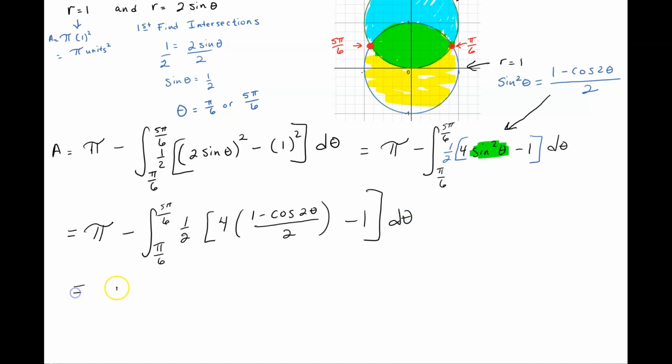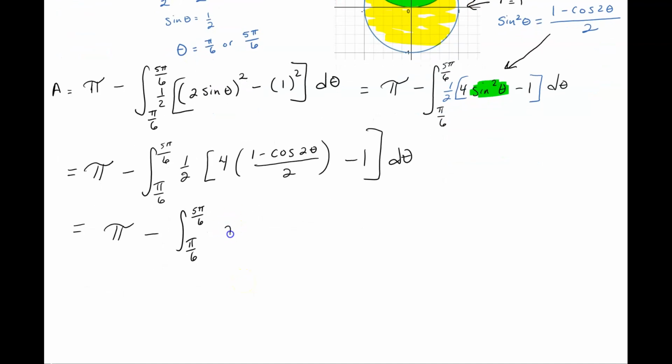All right, so continuing on, again, I carry that pi forward, with the integral from pi over 6 to 5 pi over 6. I end up with 4 over 2, which is a 2, multiplied by 1 minus cosine 2 theta. So let me do that distribution now.